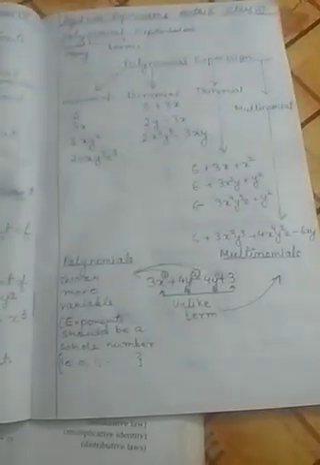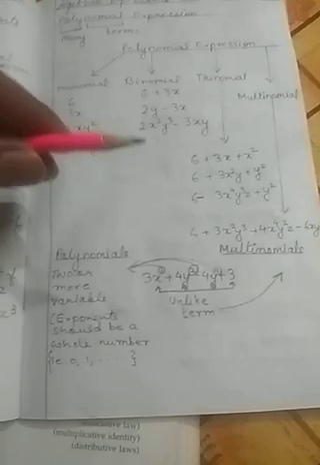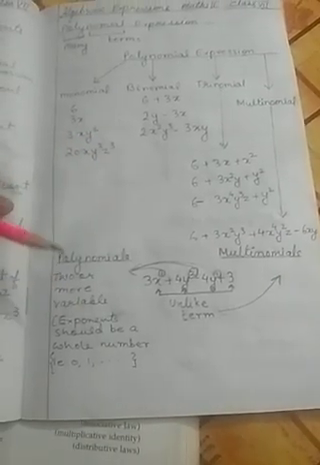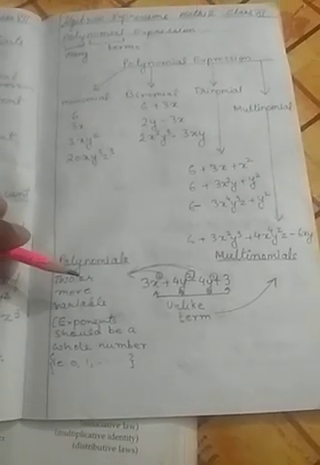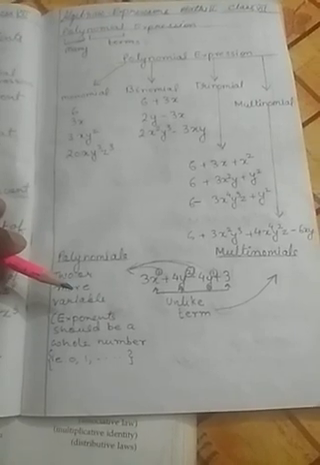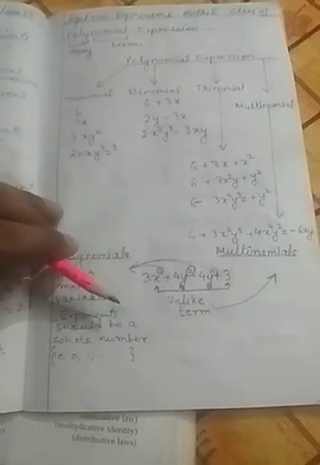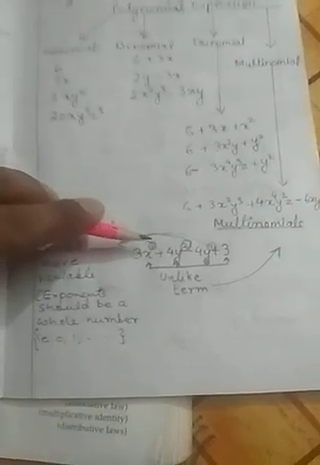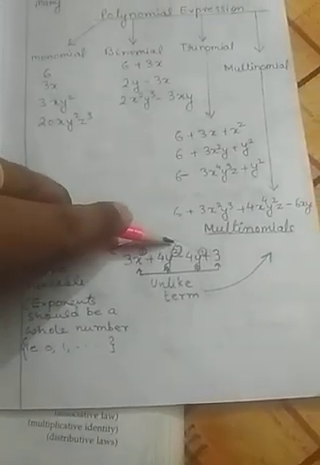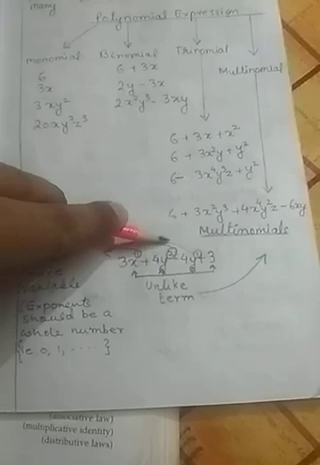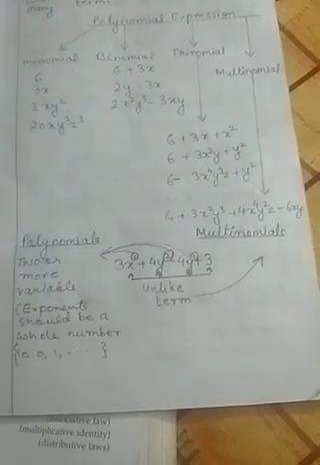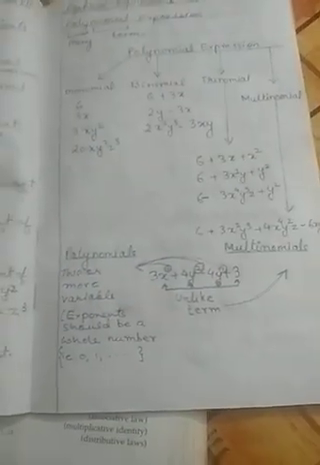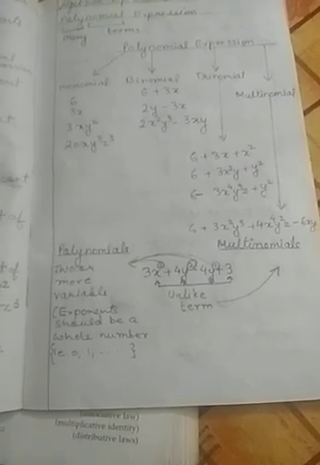Now what is the difference between multinomial and polynomial? In a polynomial, there can be one or more variables, and the exponent should be a whole number. Here 1 is a whole number, 2 is a whole number, 99 is a whole number. So it should not have any negative exponents.